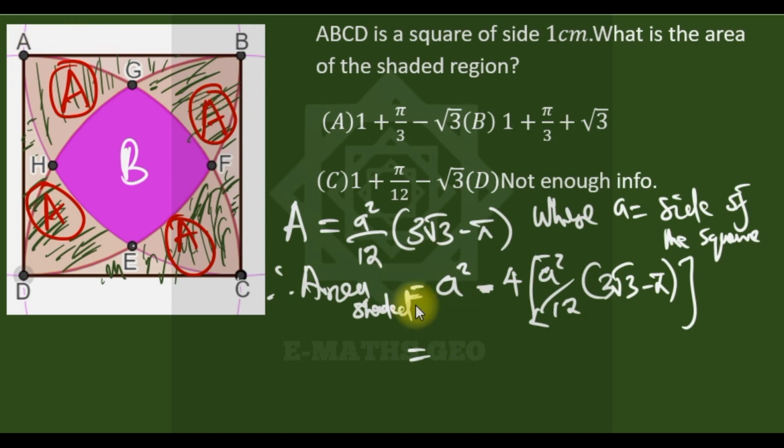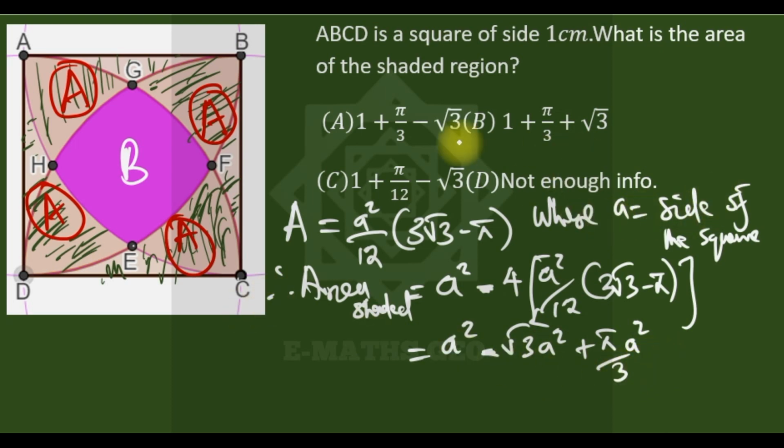So we can see that it is equal to a squared minus 4 times, so we have minus root 3 a squared plus pi over 3 a squared. Yes, if you open this up, minus times minus is plus. So 4 and 3, see the 3 down here. Why the 3 here? We are left with only root 3. So do you see it?